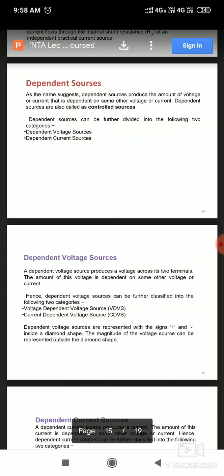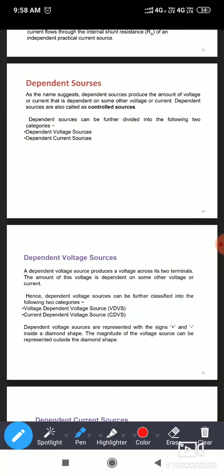One thing I will tell, how to identify the dependent sources. If a diamond shaped structure is there, then that is a dependent source. If you see a diamond shaped symbol, what do we call it? Dependent source. Then is it a voltage source or a current source, how to identify?